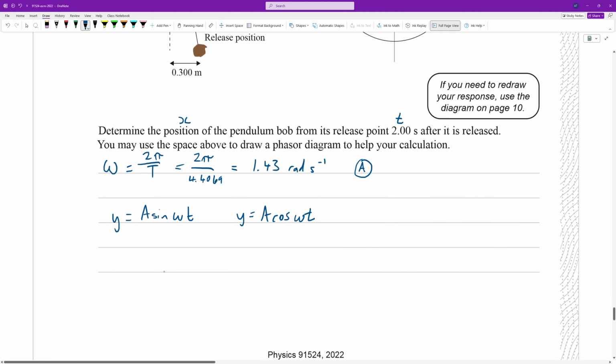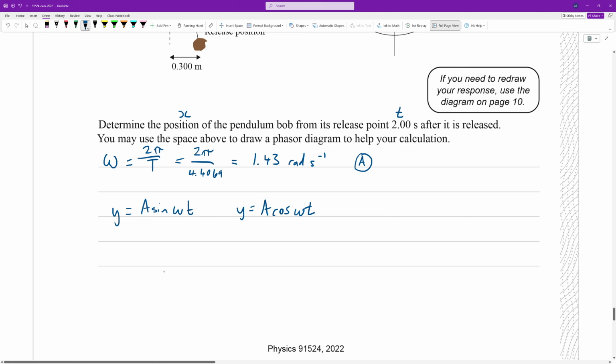Cool. And how these differ is the sine omega t is where the movement starts from equilibrium. So it starts from like x naught, the rest position, whereas a times cos omega t starts from x equals the amplitude, right?